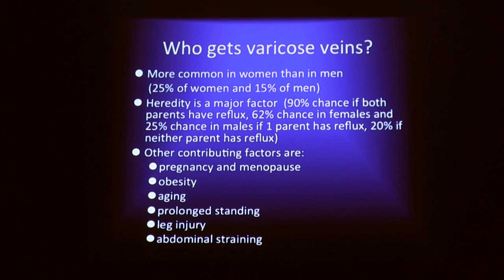Do pregnancy, obesity, all these things play a role? Absolutely. But they are not nearly as important as genes. So a variety of thin people, never been pregnant people, etc., will have this disease. And as you can tell, it's extremely common. We call it a vein disorder because actually it's that common.